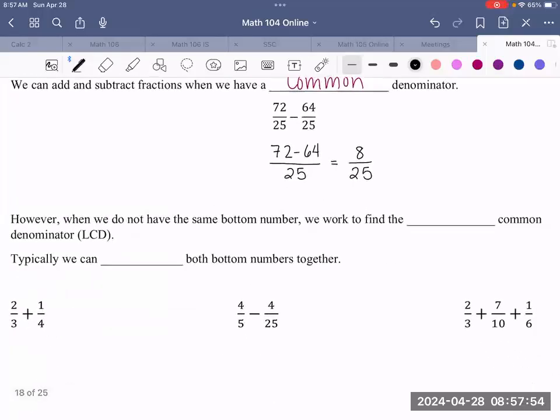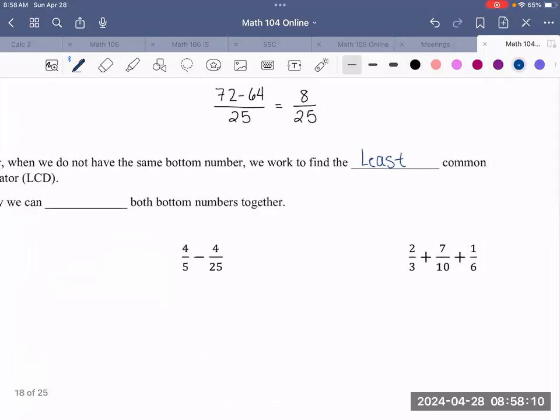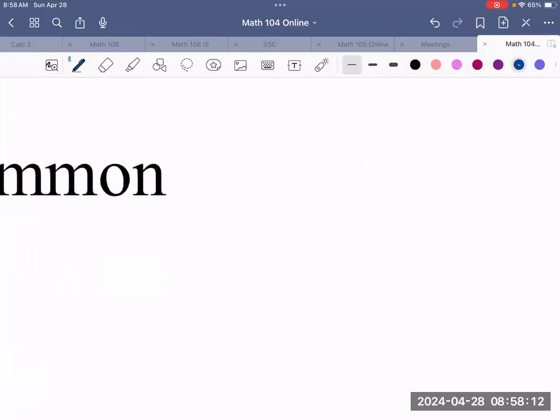However, when we do not have the same bottom number, we have to work to find something called the least common denominator, the LCD. Have you heard that before? Think about something like 1 over 2 plus 1 over 4.